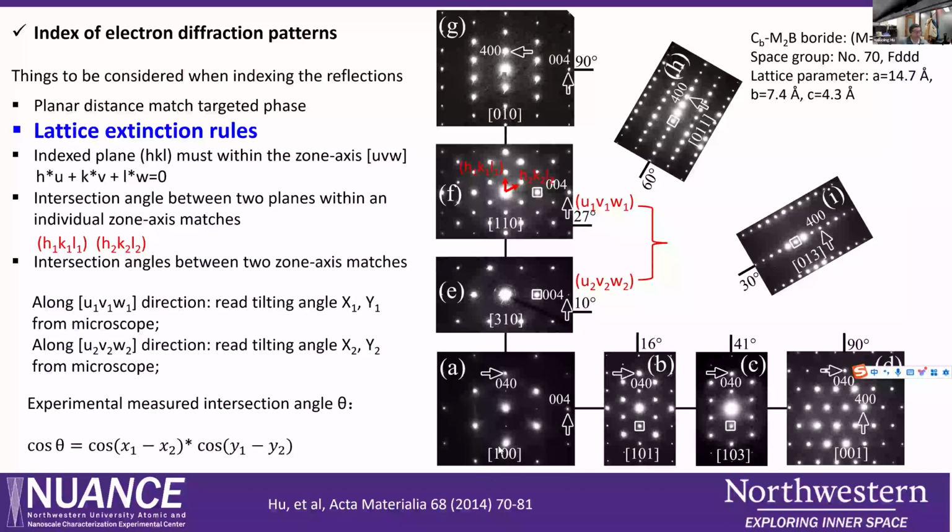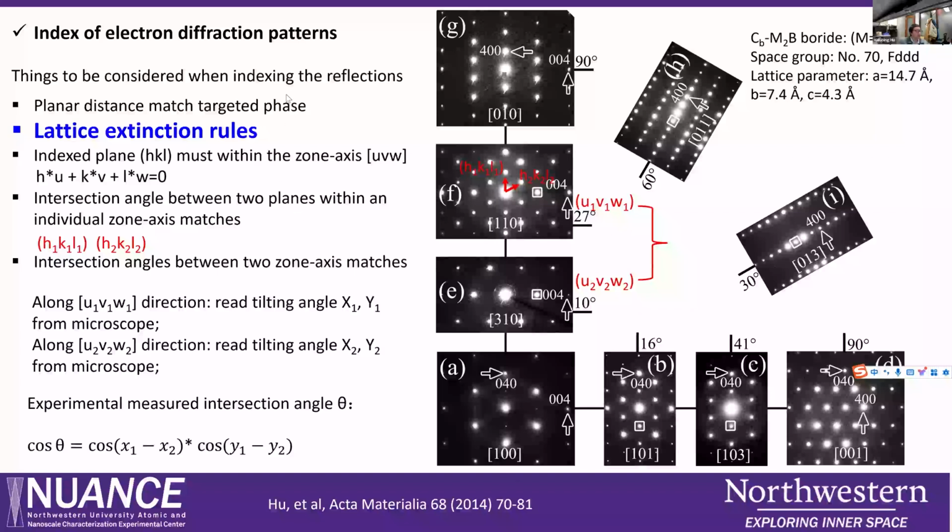You can measure the distance between the reflection spot and the transmission spot, then calculate the distance of this spot, which corresponds to the plane distance. Then you should have some target phase, and you can match which plane this one matches.